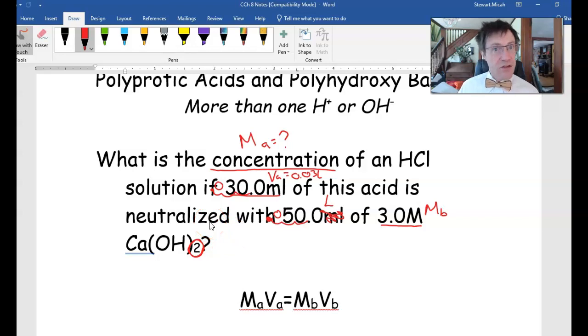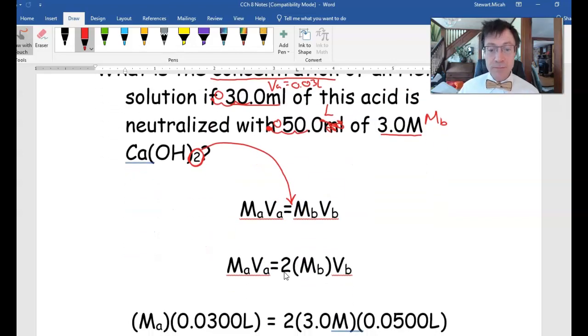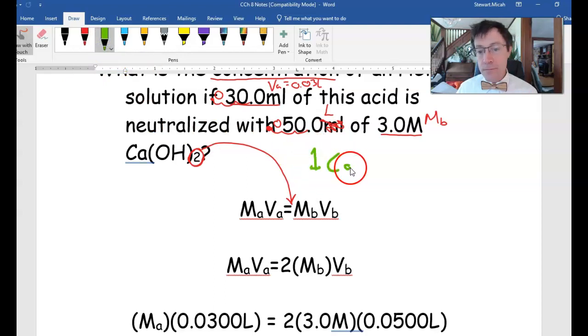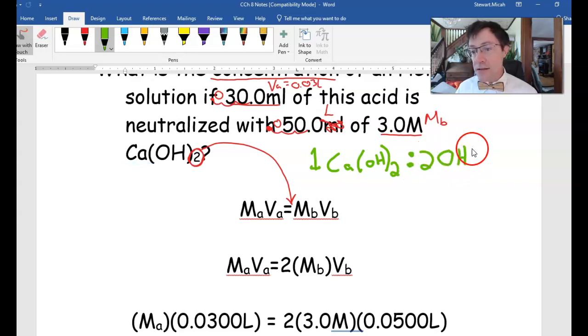What we do is super easy, guys. You take this number 2, this little subscript, and you put it right in front of the concentration of whatever it is. In this case, it's the base, so I'm going to put 2 in front of the concentration of the base. Does that make sense? What we're correcting for is that one calcium hydroxide yields 2 hydroxide ions.